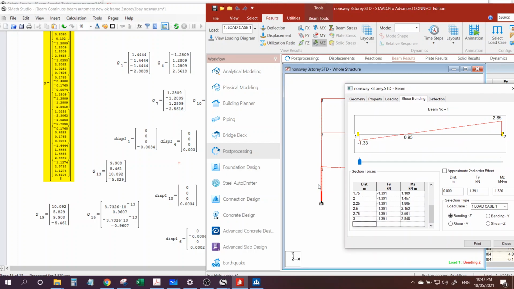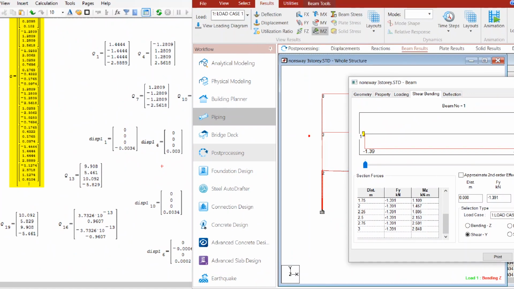After running the analysis, double click to get the member forces. For bending, I have 1.3 and 2.85. And as you see here, for Q sub 1, about 1 point bending, right? So 1.4 and 2.89. Okay. For the shear, I have 1.4 both ends, which is almost equal to our SPAN, 1.4.